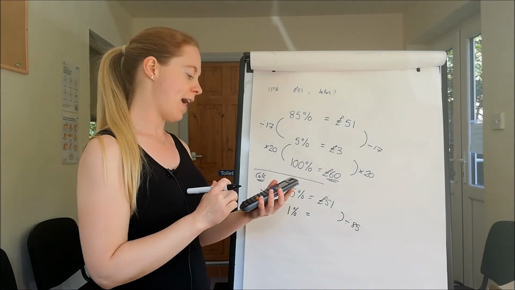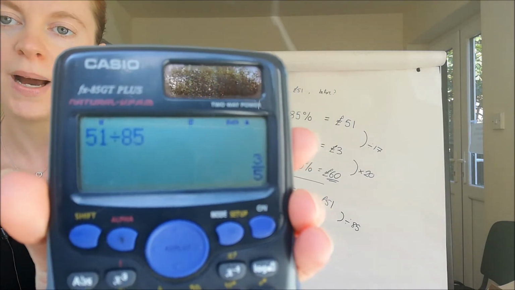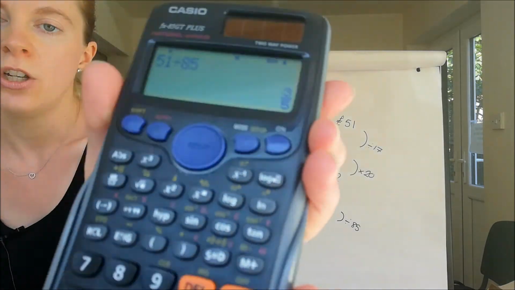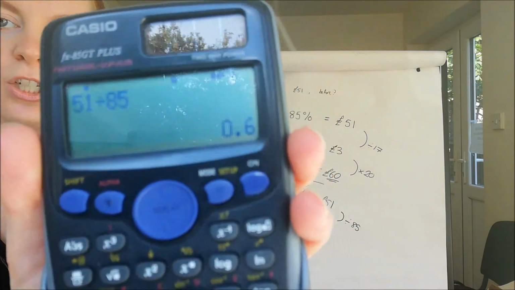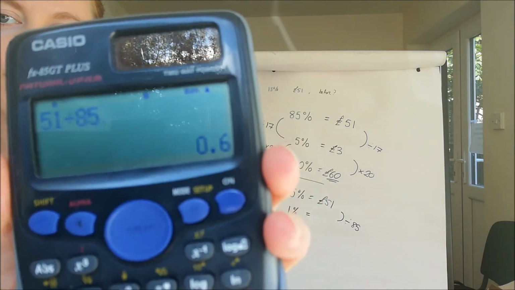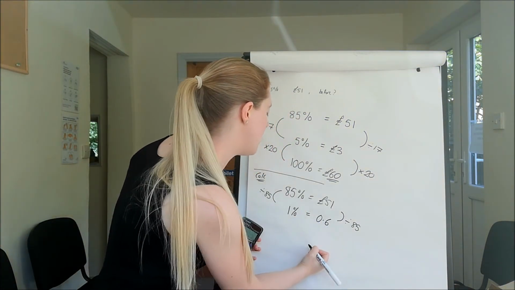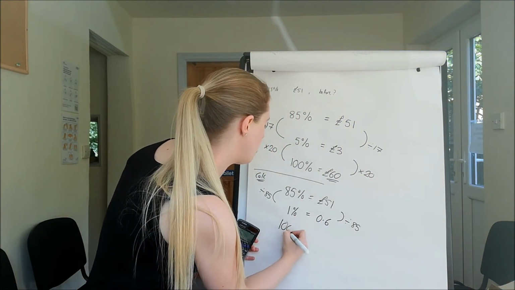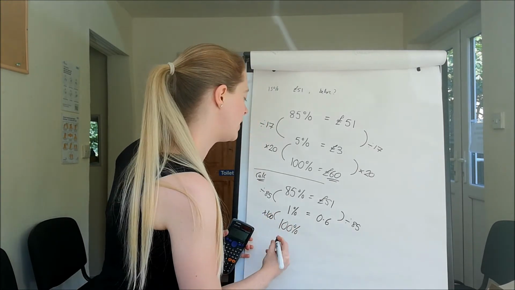So at that point on a calculator paper, you would just put into your calculator 51 divided by 85. And if I pop it in, it comes out first of all on my calculator as a fraction. So that's when I have to press the S to D button there, and it changes it into a decimal for me, like that. So 1% equals 0.6. So if I times that 1% by 100, that'll give me 100%.